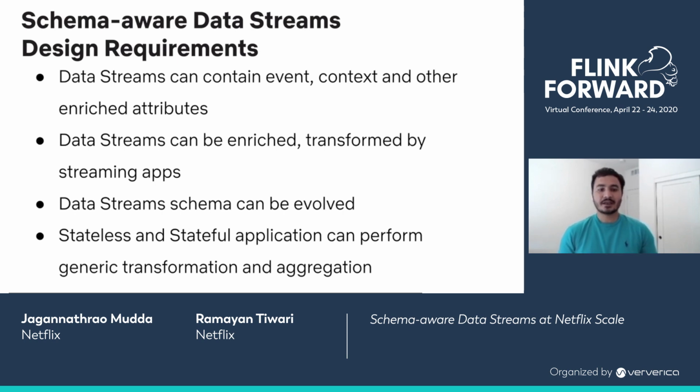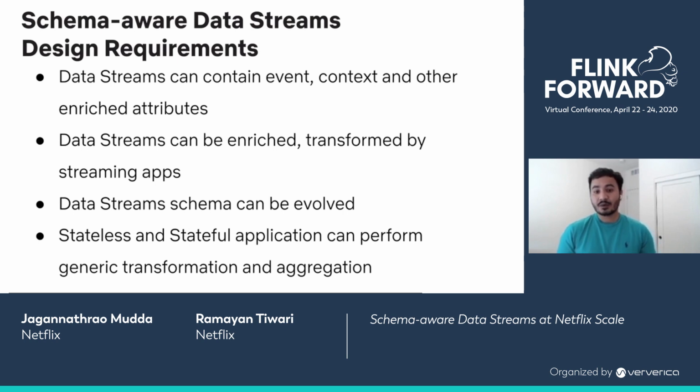As the events move through our data processing pipeline, Flink applications are further enriching these events with details like geo, member information, A/B test allocation, and many other details that are available only on the server side. A Flink application can potentially transform an event into a different shape or form required by different use cases.